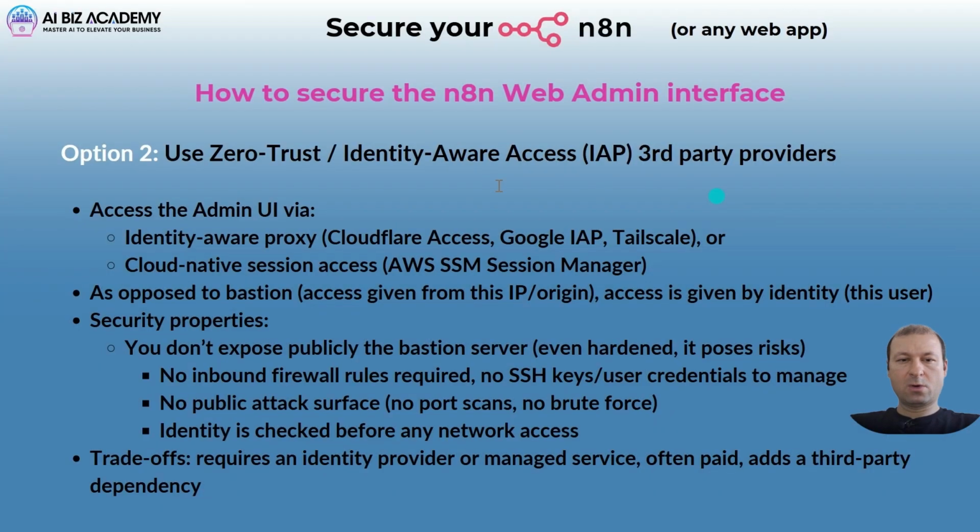But before we go into the diagram, just a few words on what I said previously about this device. The IAP can also check your identity via the identity provider, either Google, Facebook, Microsoft, Okta, depending on whatever identity provider they support. We have the device trust.